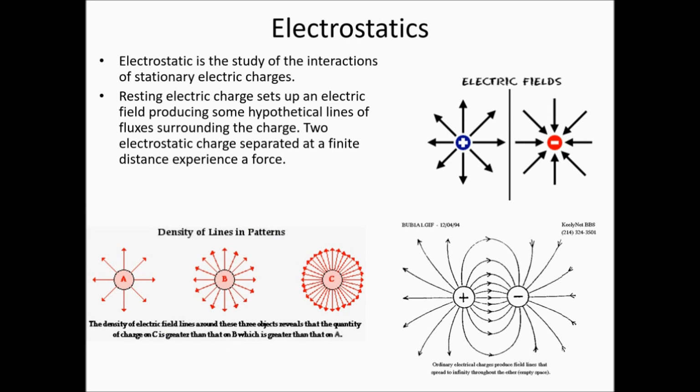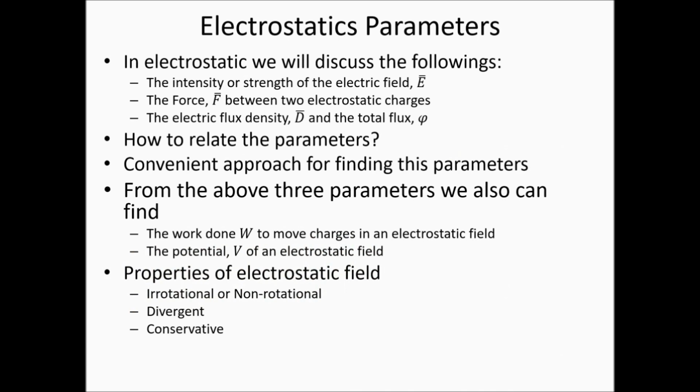As you see, figure A has fewer flux lines than B, and B has fewer than C. That means C is the strongest, and B is weaker than C but stronger than A. Therefore, the electric parameters that we have learned so far are the electric force, the electric field intensity, the electric flux, and the density of electric flux. We use symbols like F for force, E for electric field, D for flux density, and phi for electric flux.